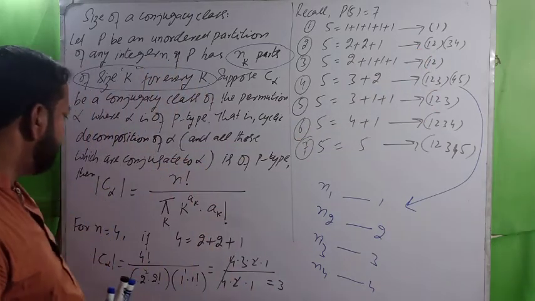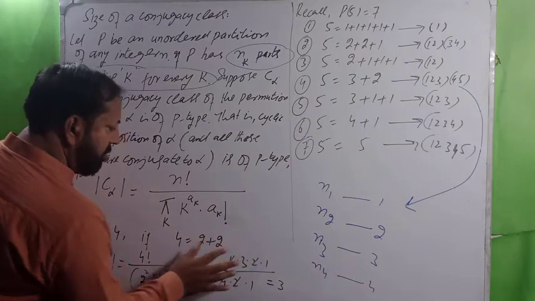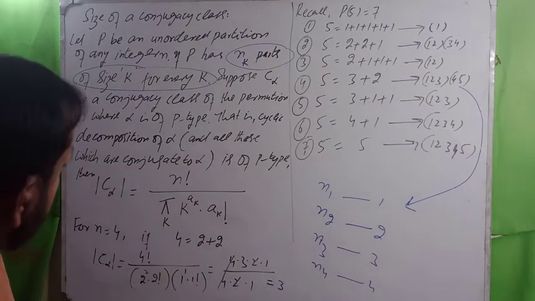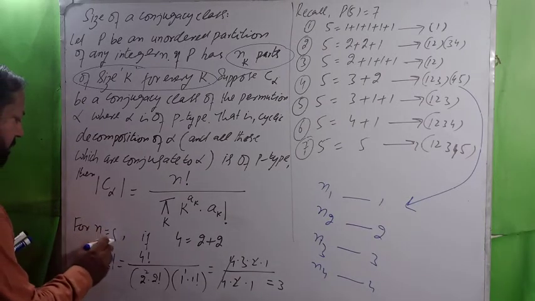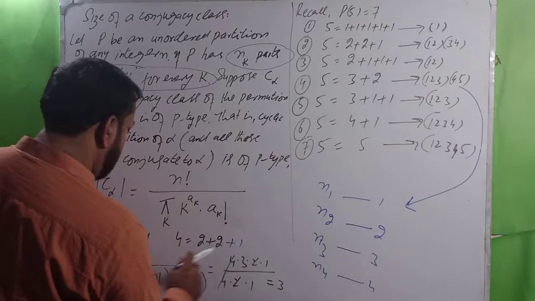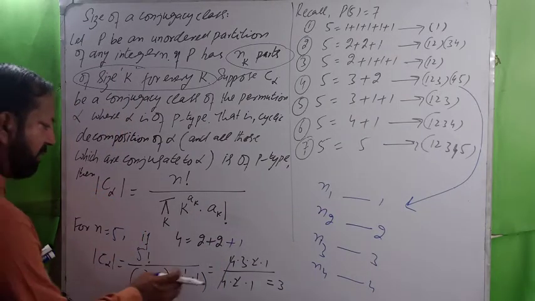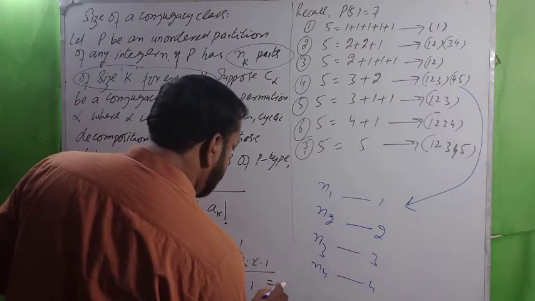Or you can say this is 5, take this as 5, okay, plus 1, then this should be 5 factorial, and then 2 power 2, and 2 factorial, and this gives 15, okay.